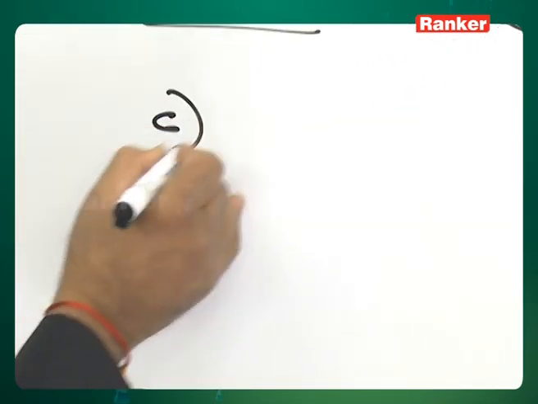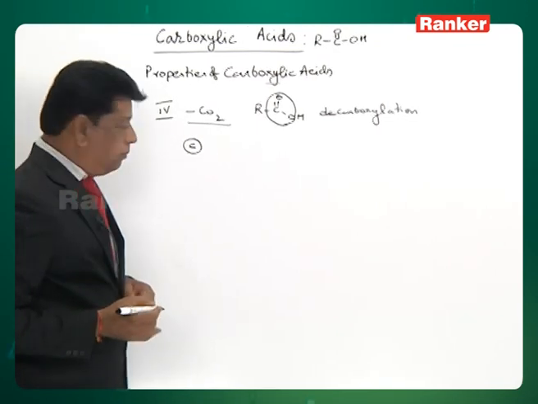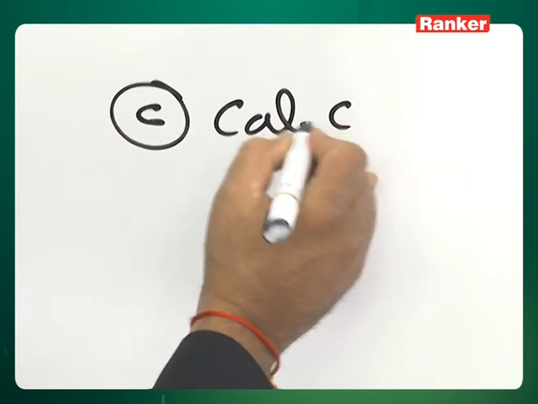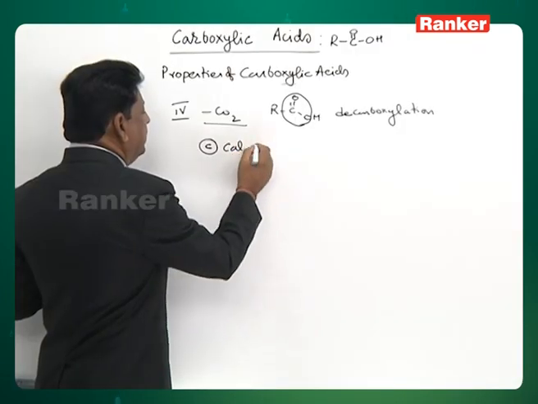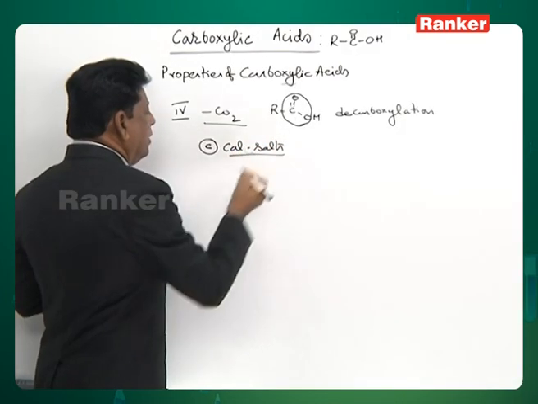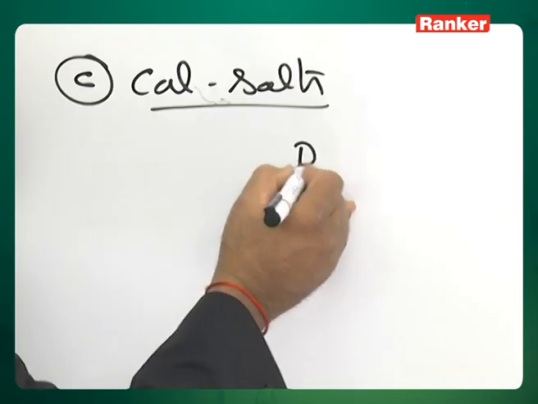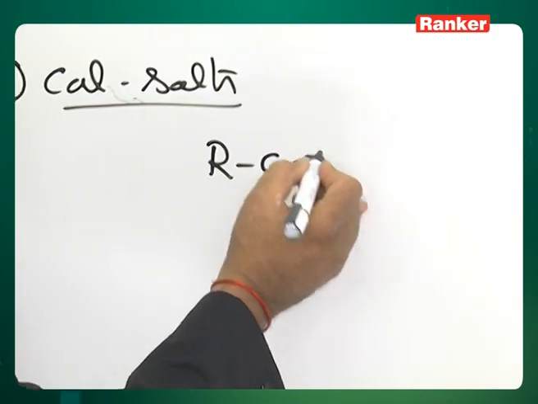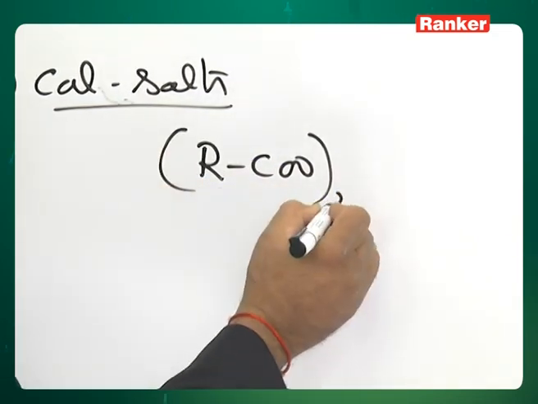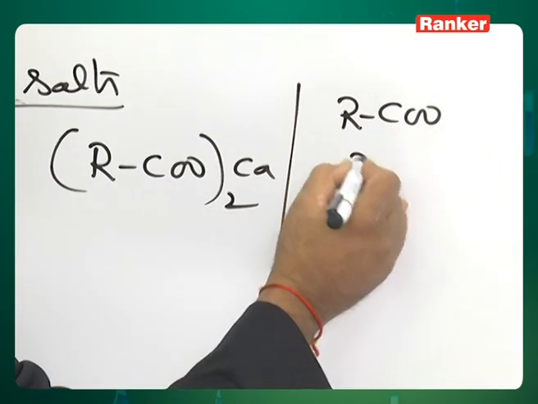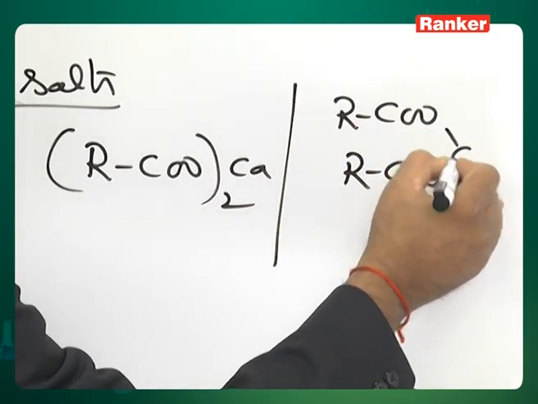Another type of decarboxylation is calcium salt decarboxylation, the pyrolysis of calcium salts. Here you take any carboxylic acid calcium salt, you can represent it like this also, RCOO with calcium.